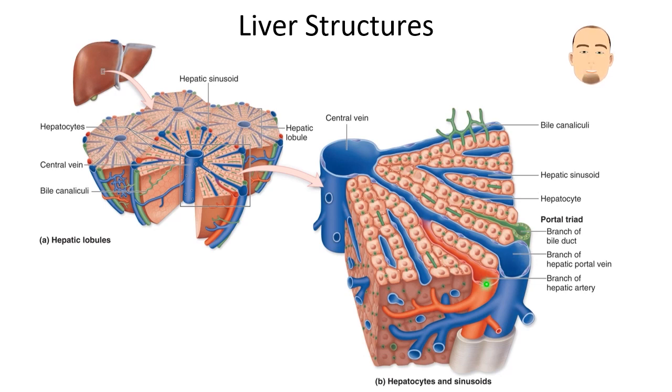So these two vessels are going into the lobule, whereas this tubule here is the beginning of a bile duct, which is leaving the lobule there. Okay, as you can see, the blood continues to the center of the lobule, and that reaches what's called the central vein. At that point, the blood will return to the larger veins and then to the heart.